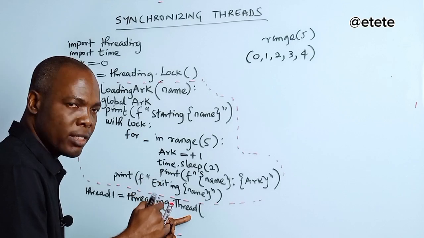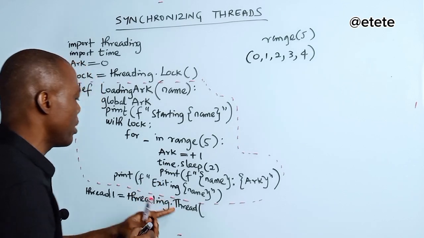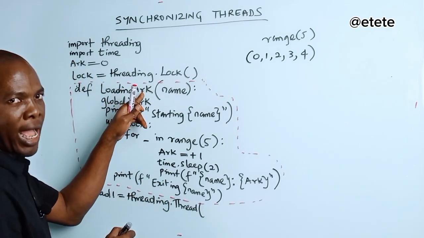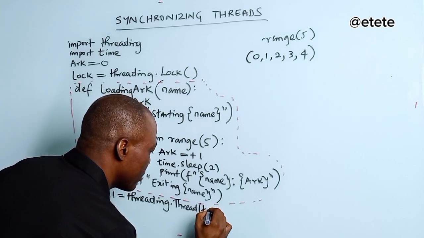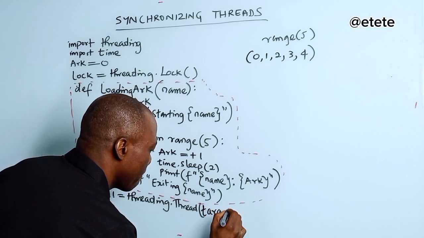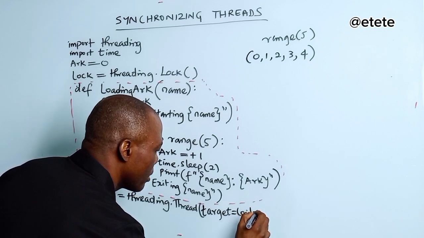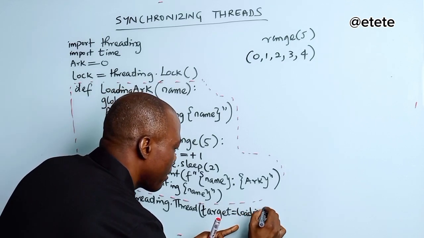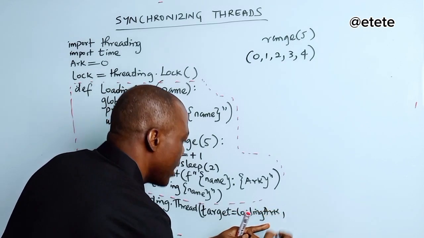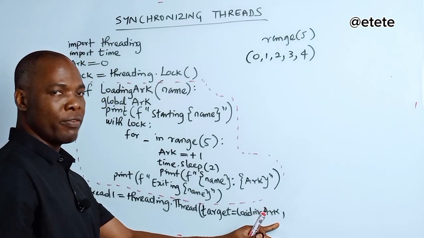Then in this place, I'm going to use the target argument. What is the target? What is this thread going to perform? The thread is expected to perform loading arc. So I will say target equals loading arc. And then what is the argument that will be given to it?